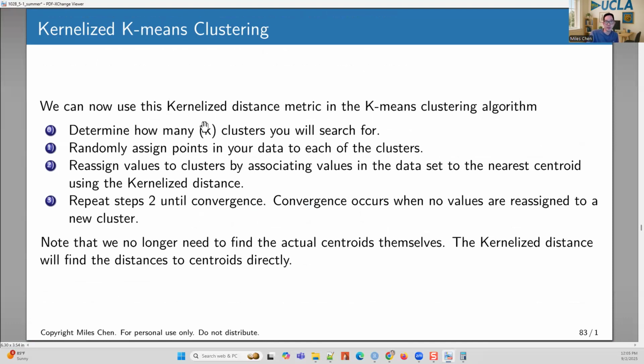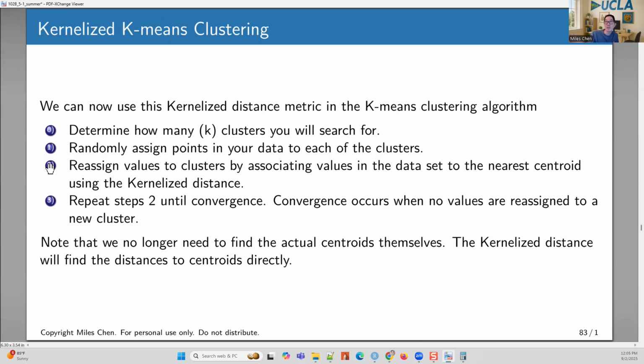So when we do kernelized k-means clustering, okay, we run a very similar algorithm. We randomly assign points to each of our clusters, but then there's no recalculation of centroids. We just reassign points based on associating the values to the nearest centroid using the kernelized distance.